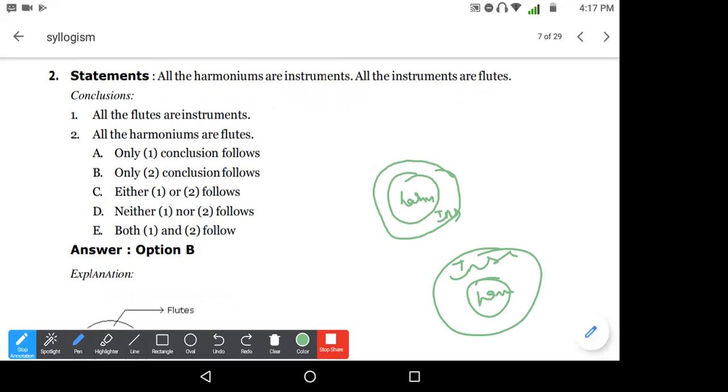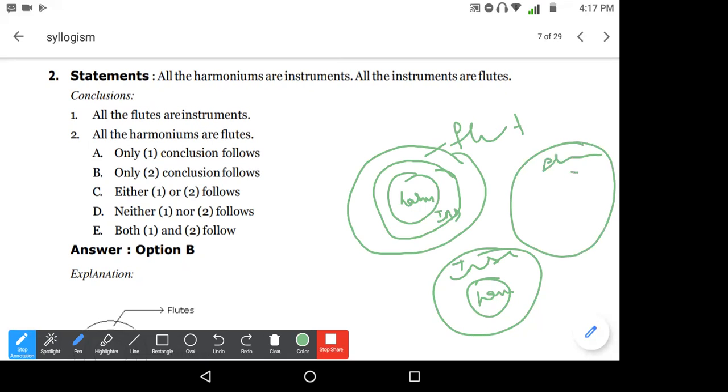Then all the instruments are flute. So which means in a bigger circle of flute all the instruments are there, and in this instrument circle there are harmoniums. Okay, so that is what it means.